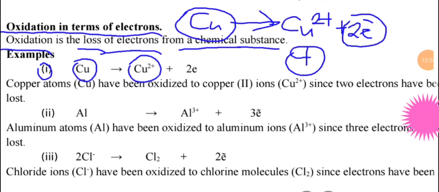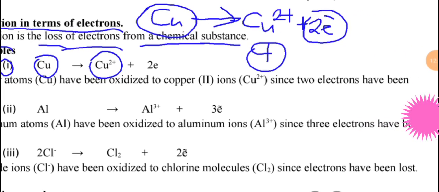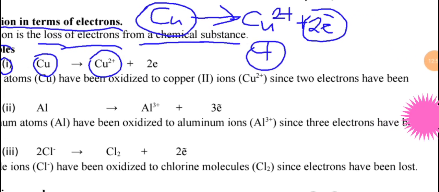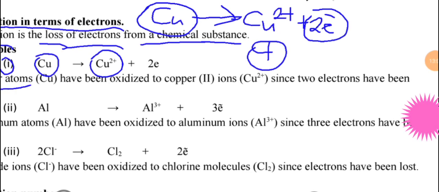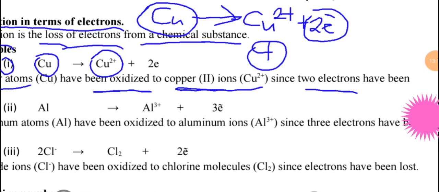So the statement below is saying copper atoms have been oxidized to copper 2 ions since 2 electrons have been lost. That is very, very important.